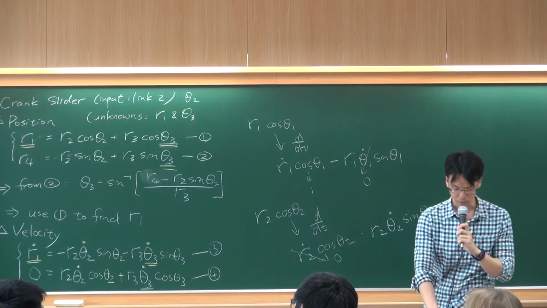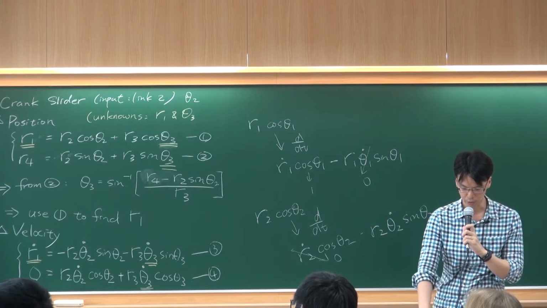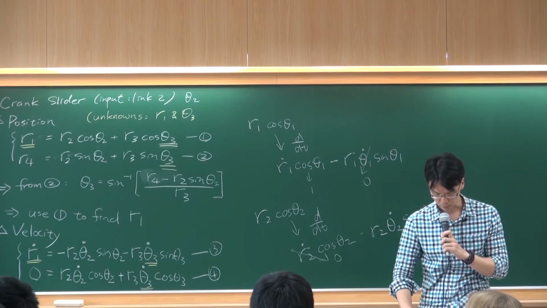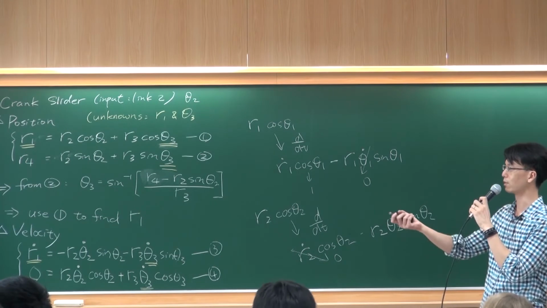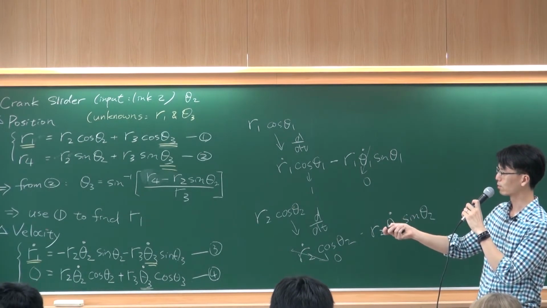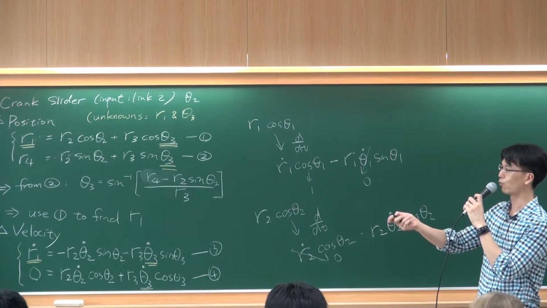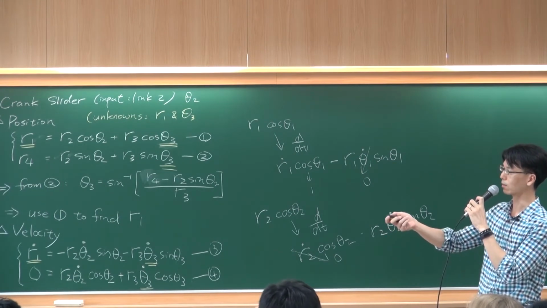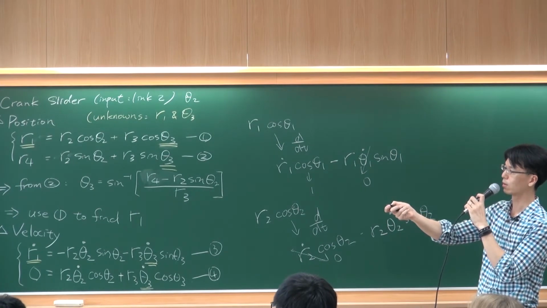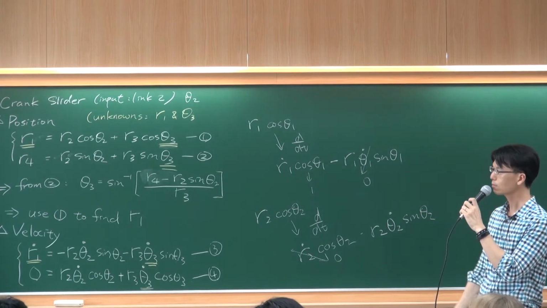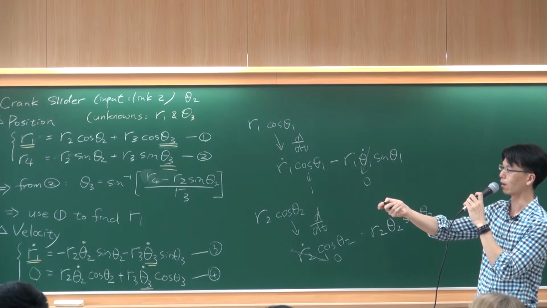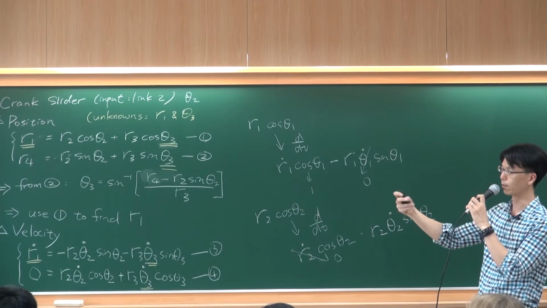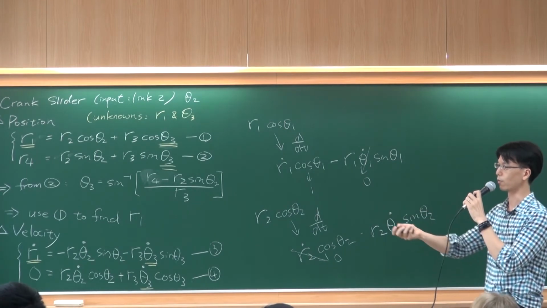And then we will go on to acceleration. We haven't mentioned acceleration so far, but acceleration is similar to velocity: you take the time derivative one more time. Here is a derivation: suppose we have a vector r, and we take the time derivative twice, then we should be able to get the acceleration information.